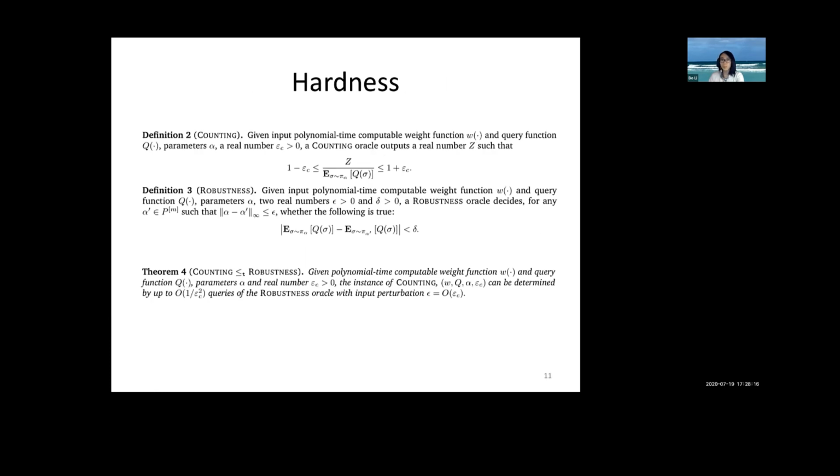Here we will first look at the hardness of certifying the end-to-end robustness for this sensing reasoning pipeline. Given this Markov logic model as an example, the graphical model itself can define a joint probability distribution among all the variables, and each possible world designates a set of assignments.